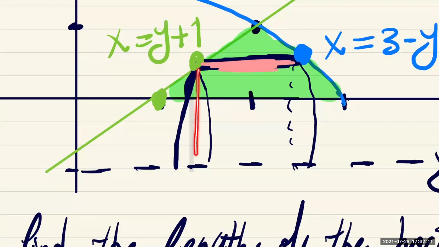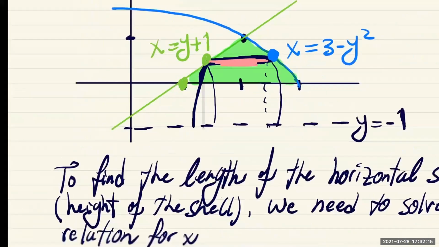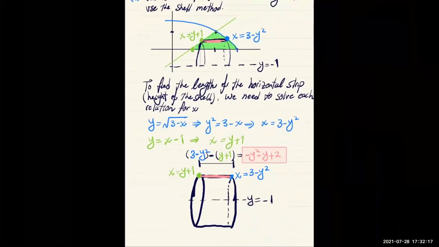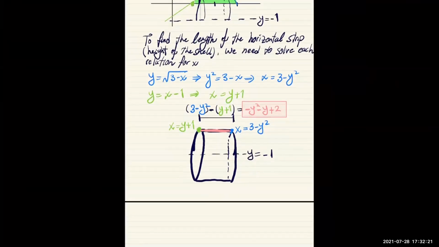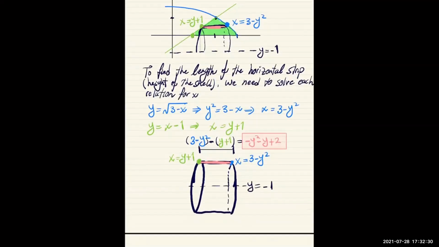So the radius is y plus 1. Any vertical distance is described by y. The y coordinate of this point is just y, so you get y plus 1.